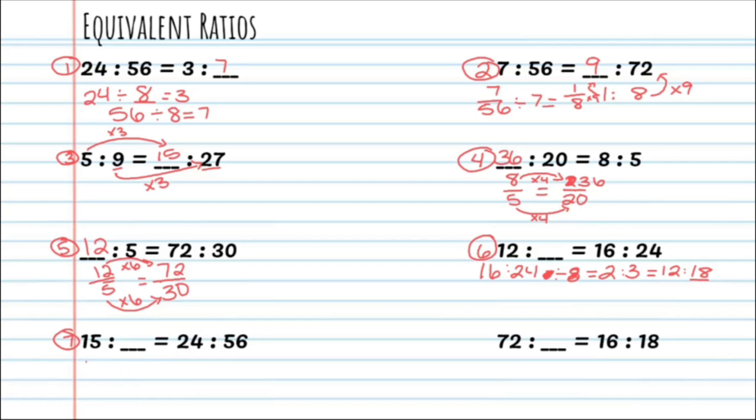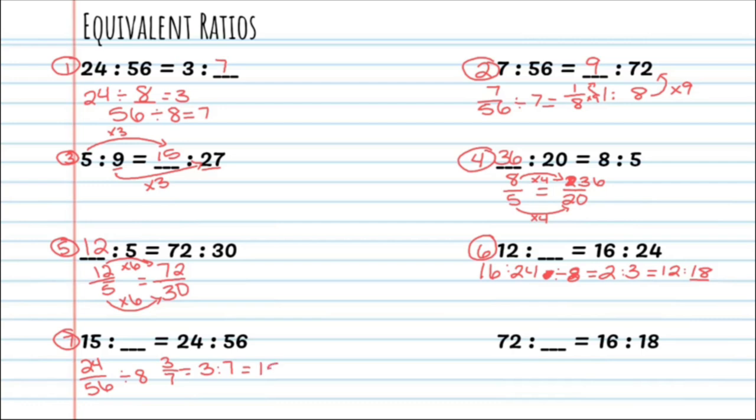So we're going to simplify 24 to 56, which we can also write as a fraction. We know that both 24 and 56 are divisible by 8. 24 divided by 8 gives us 3, and 56 divided by 8 gives us 7. So our simplest form of our ratio here is a 3 to 7 ratio.